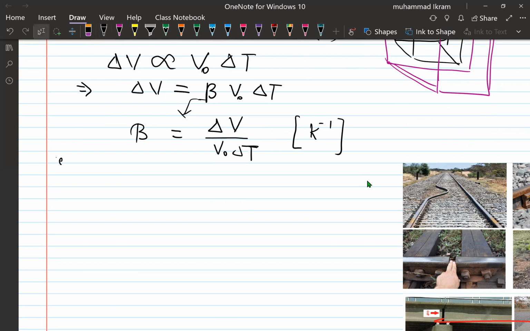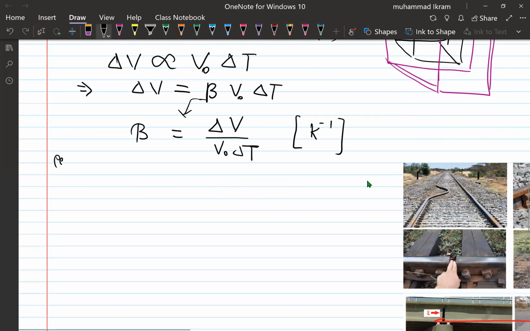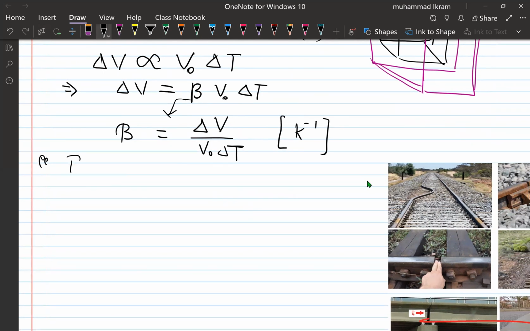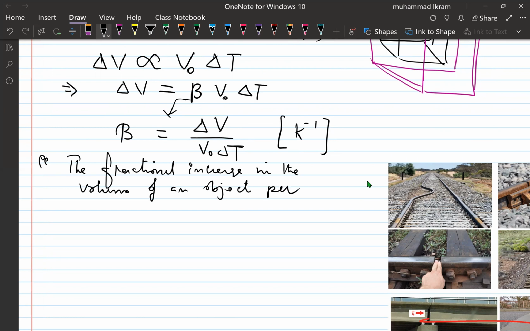It is defined as the fractional increase in the volume of an object per unit rise in its temperature.